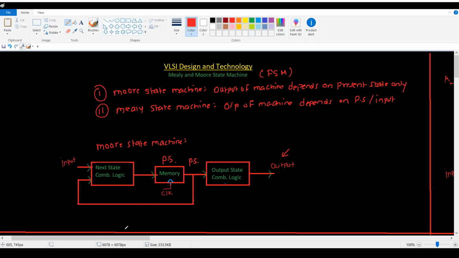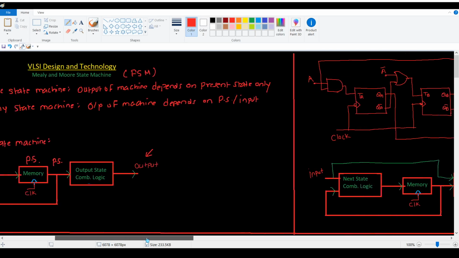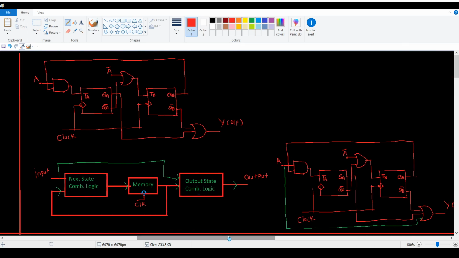Let's see the example of Moore state machine. Now this diagram is an example of Moore state machine. Let us verify whether this machine is a Moore machine or not. In this diagram, this AND gate and OR gate represent the next state combinational logic, the next state logic.